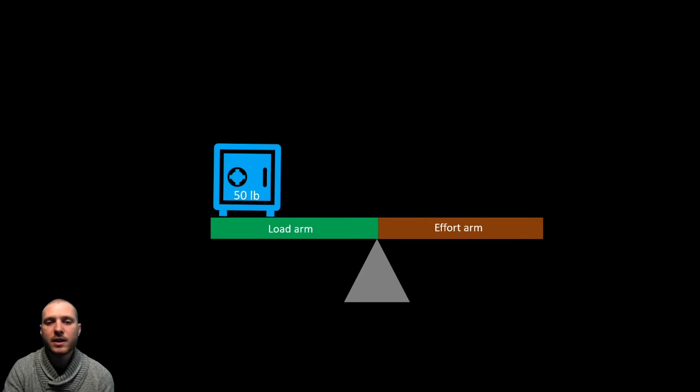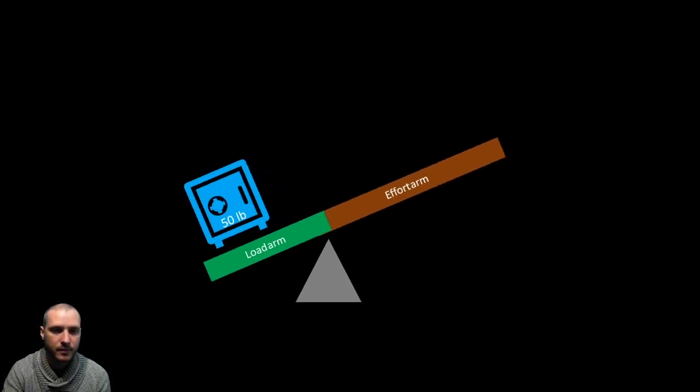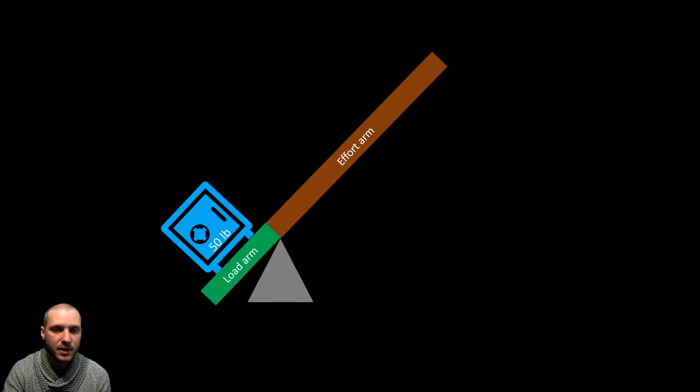When we describe this then, we can call these different parts of the lever the effort arm. The effort arm is going to be the part where we push down on or lift up on, or in the case with our bodies, where our muscles pull. And the load arm is going to be the part in which the weight exists. So again, when we change the length of the load and effort arm, we've changed how much energy or how much distance we need to move.